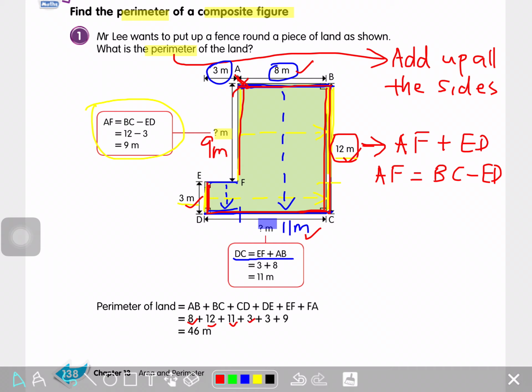Yep, got it written there. Move across EF, EF is 3 meters. You can take it off so you know that you've used that already. And then move up. Finally, to go back to the cross again, there is 9 meters. And I add all these sides up, and I get the perimeter of 46 meters.